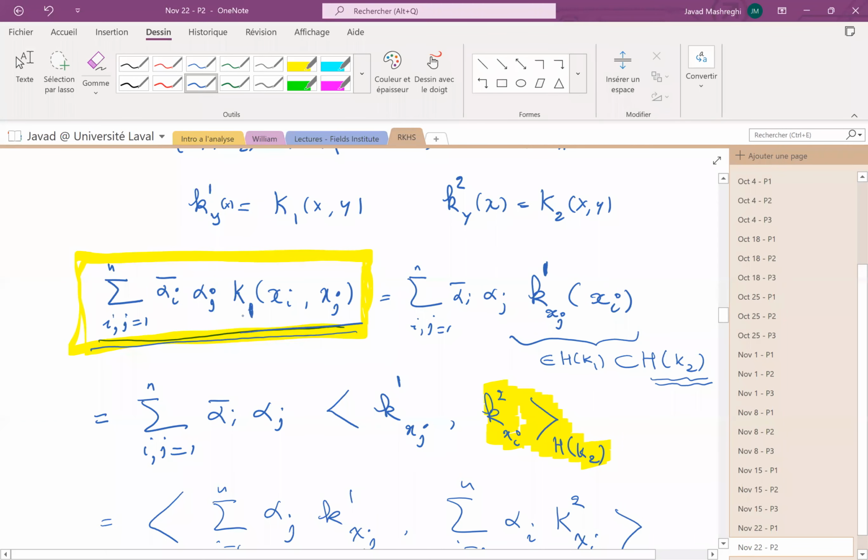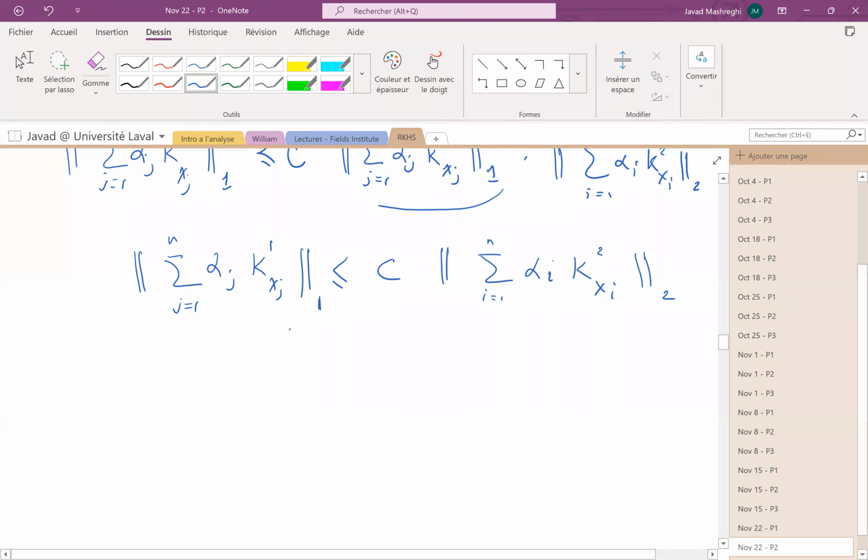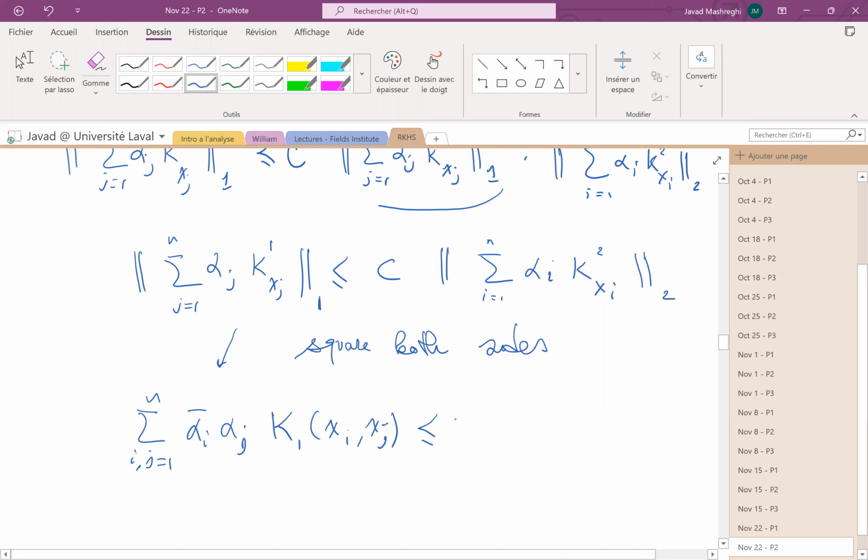So if you square both sides, this one gives us the sum over i, j from 1 up to n of alpha i bar, alpha j, k1 at xi and xj, less than or equal to C squared times this one, which gives us alpha i bar, alpha j, k2 at xi and xj.